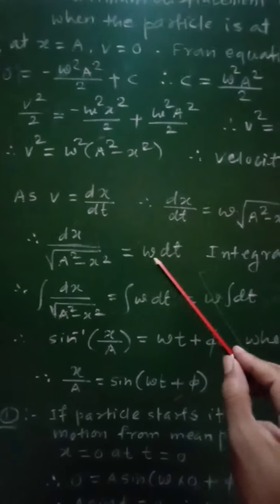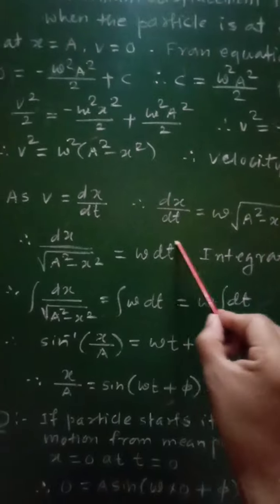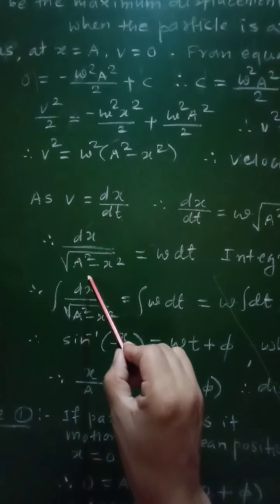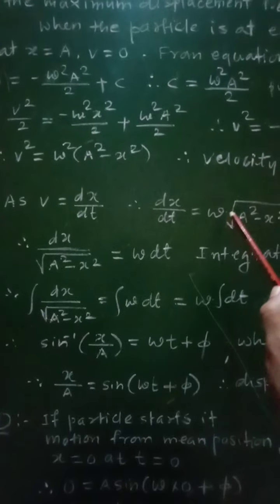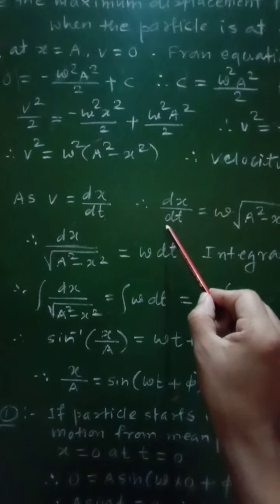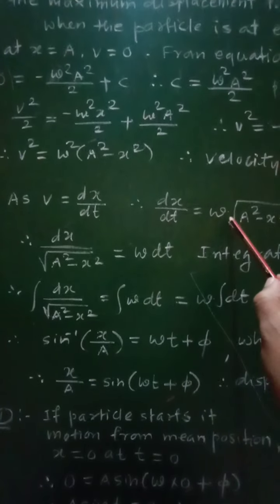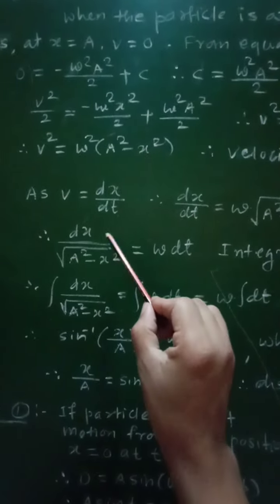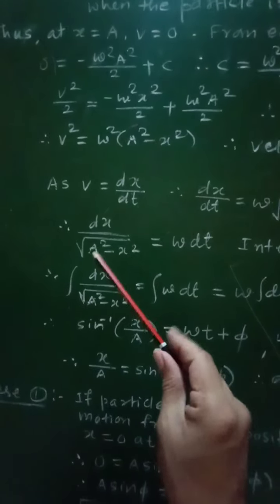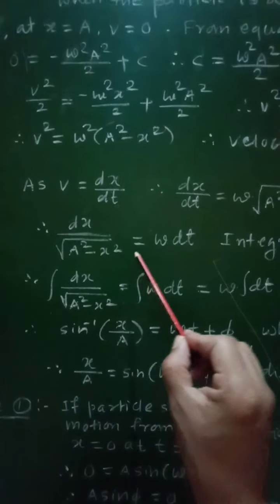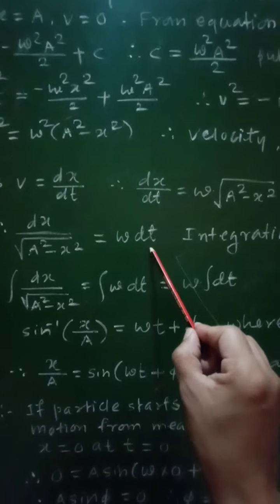Rearranging the terms, the square root is shifted towards the LHS and dt towards the RHS, and therefore dx upon square root of a square minus x square will be equal to omega dt.